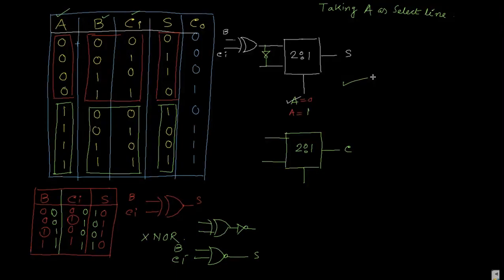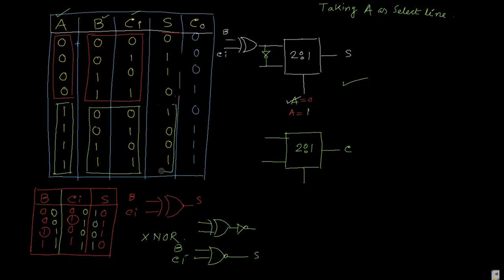Now consider the C. So if you consider the C in the same case, you just erase that S line and we consider only the Co line, Co as the output line.